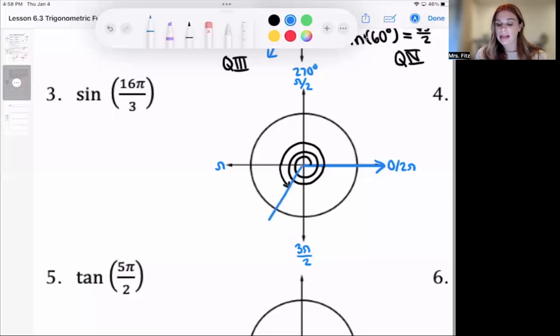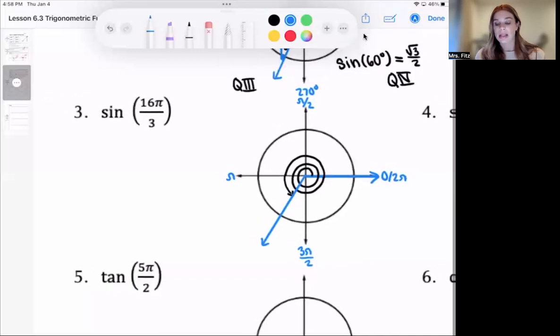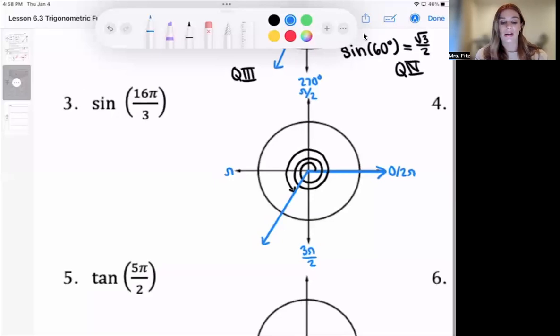So it looks like we're landing in quadrant 3 again. And so our sine answer should be negative because we're in quadrant 3. I like to throw that negative on there preemptively because I know my answer should be negative. We make our little reference triangle, and then we have our reference angle theta with our little hat.